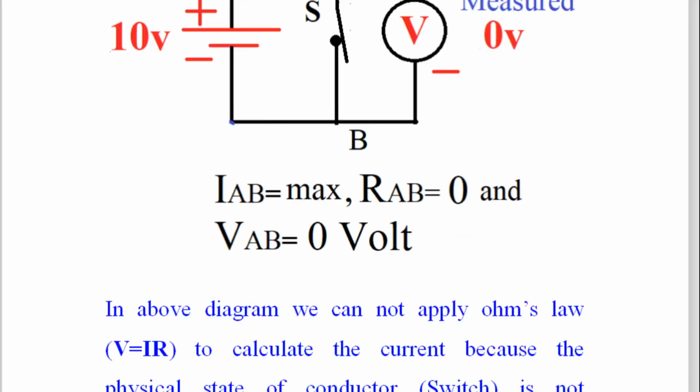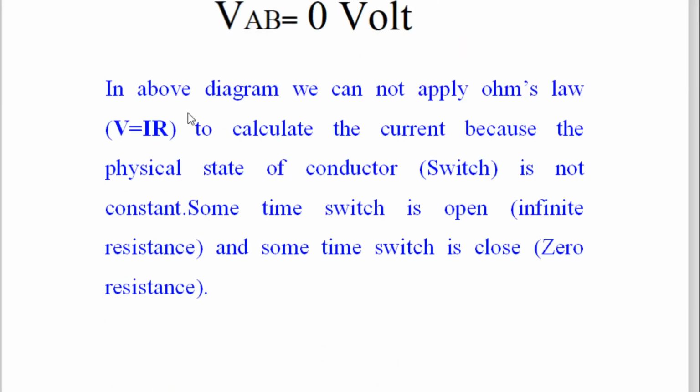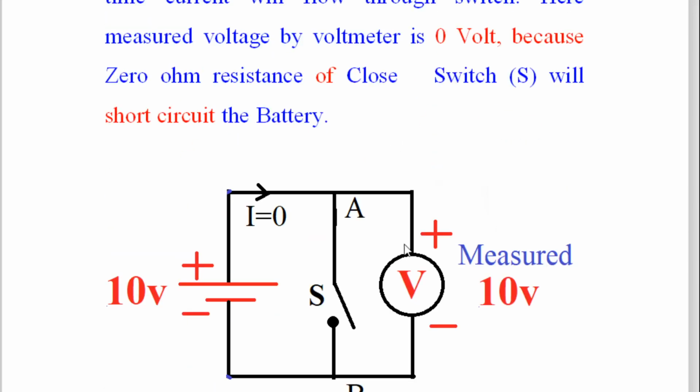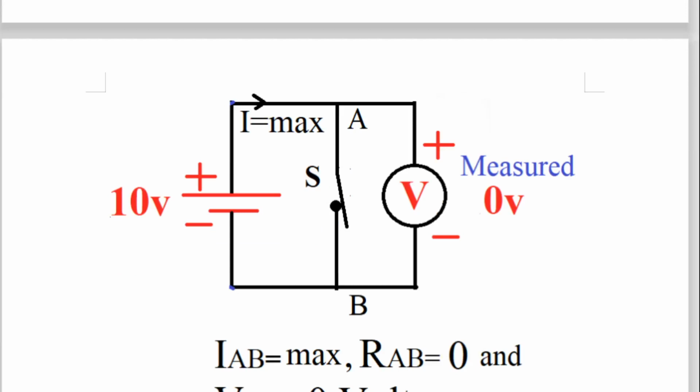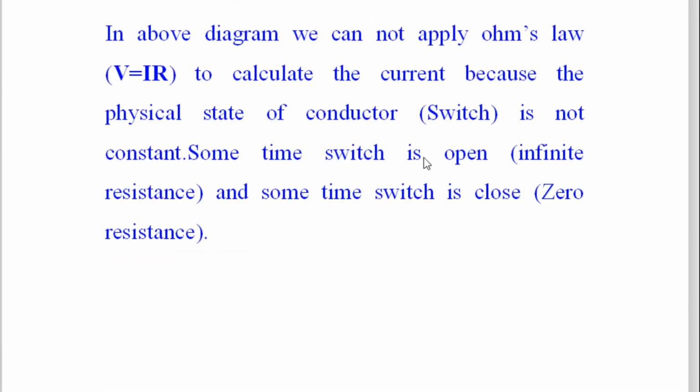And in this way we conclude that in this case, sometimes the switch is open and sometimes closed, meaning the switch has infinite resistance or zero resistance. So in the above diagram, we cannot apply Ohm's law, V equals I times R, to calculate the current, because the physical state of the conductor, which is your switch, is not constant.